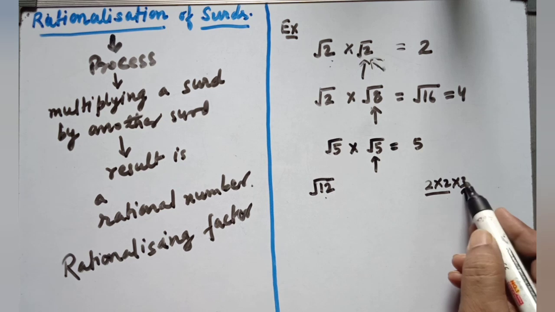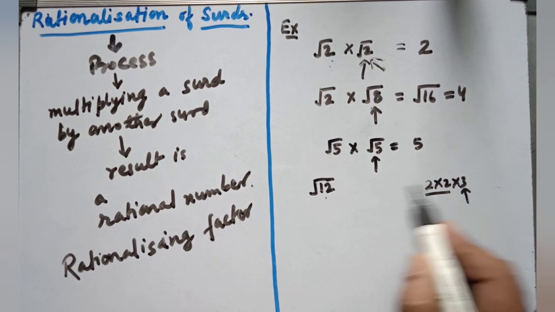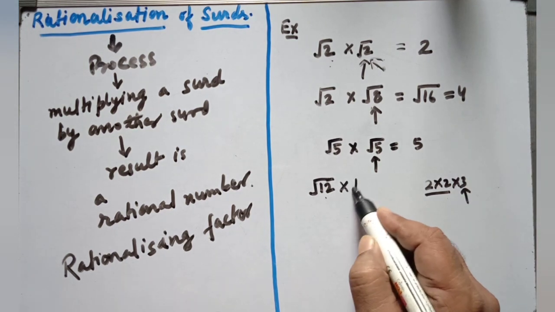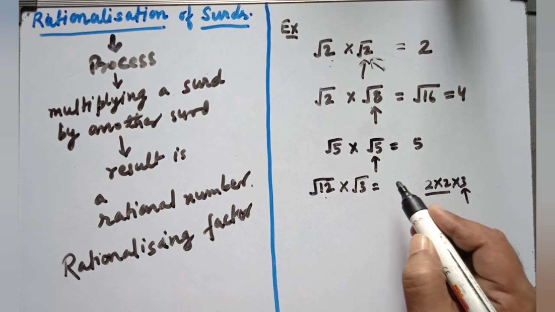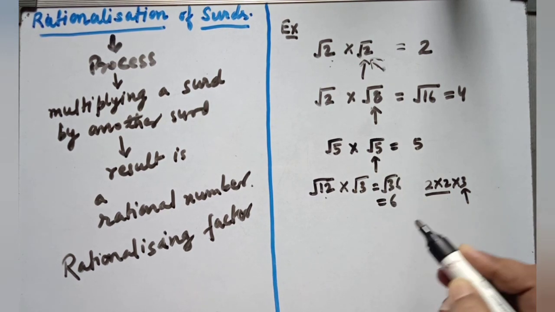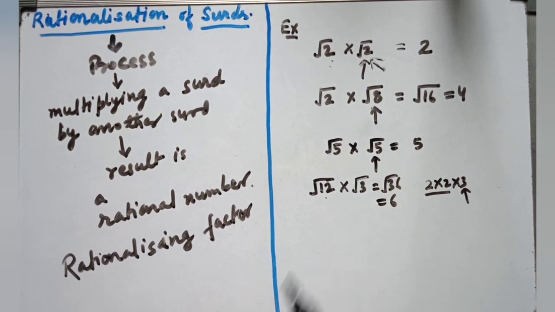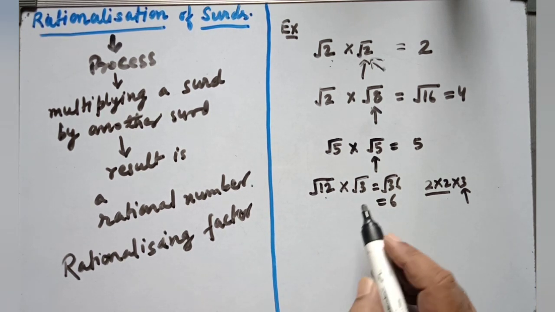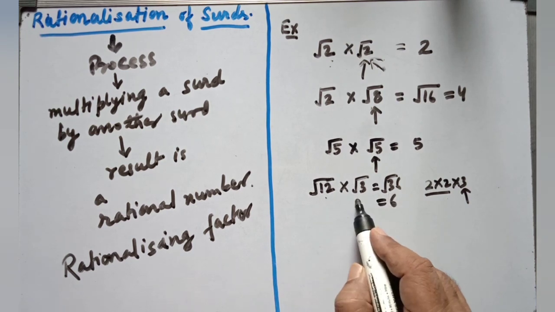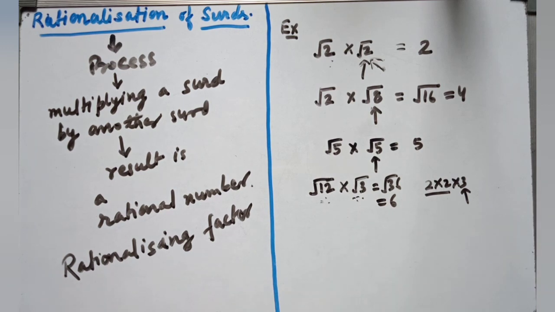So we need to make the 3 a pair. What number do we multiply to make it a pair? 3. If you multiply this by root 3, our result is root 36, that is 6. So root 3 is the rationalizing factor of root 12. Understood? Similarly, root 12 is the rationalizing factor of root 3. So these two are rationalizing factors of each other.